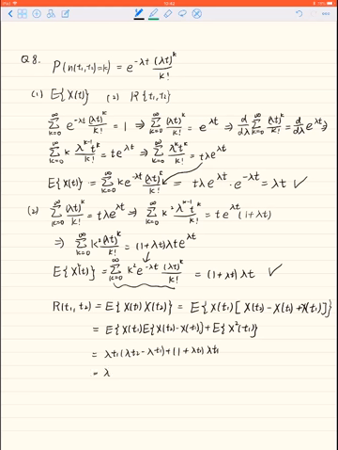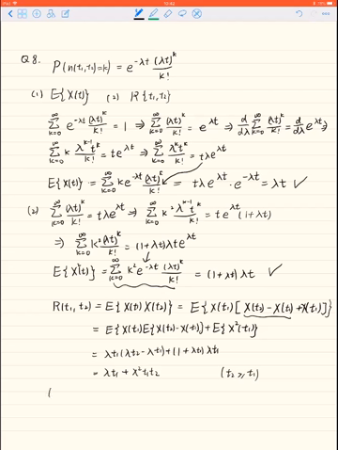The answer is lambda times t1 plus lambda squared t1 t2. In this case, since we use X(t2) minus X(t1), we should have the boundary that t2 is larger than t1.